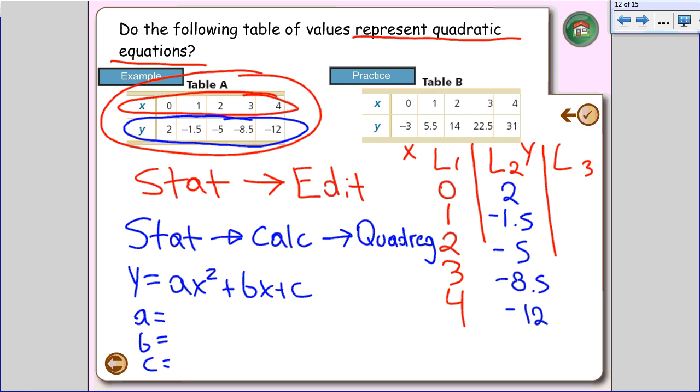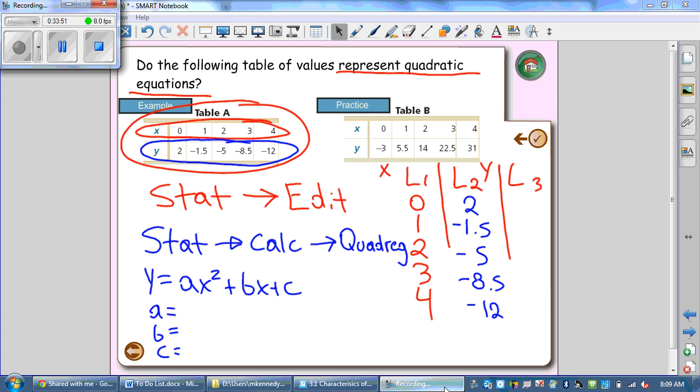So if you look at that on your calculator, it should have said a equals 0, b equals negative 3.5, and c equals 2. That's telling you your actual parameters in that quadratic equation.